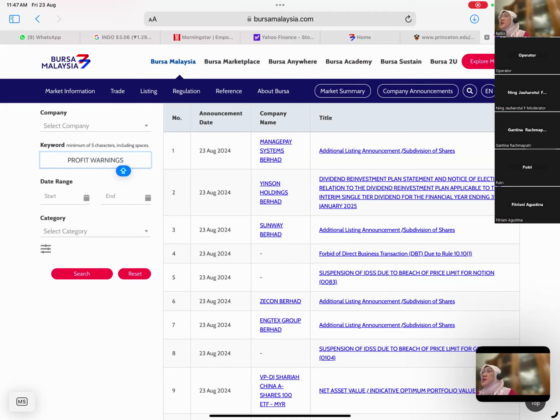If the majority of the shares of the company are owned by institutional shareholders, they will have fewer profit warnings.